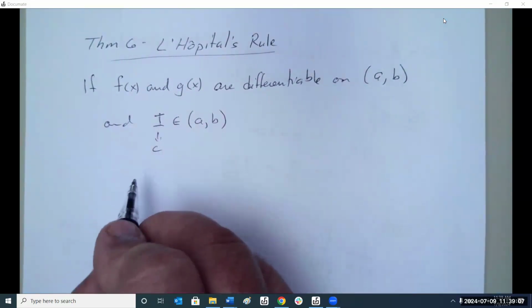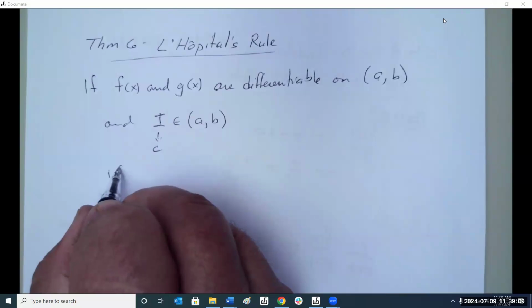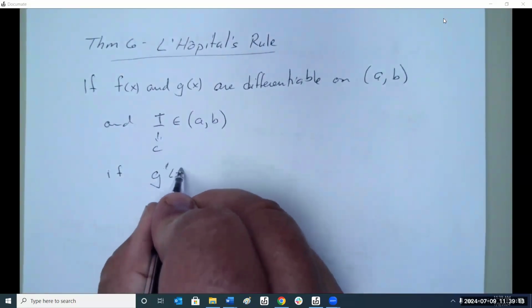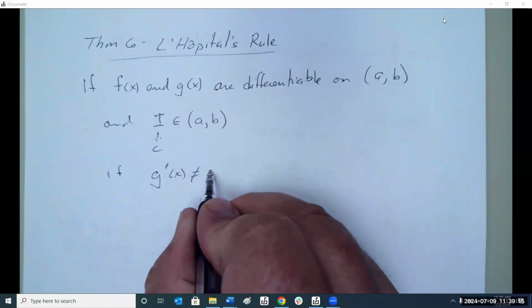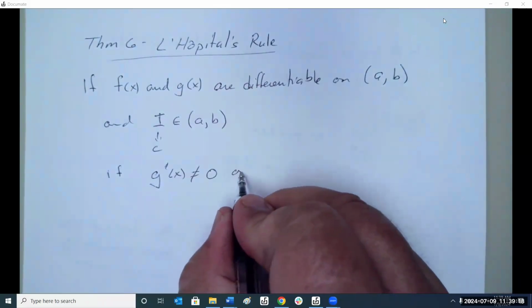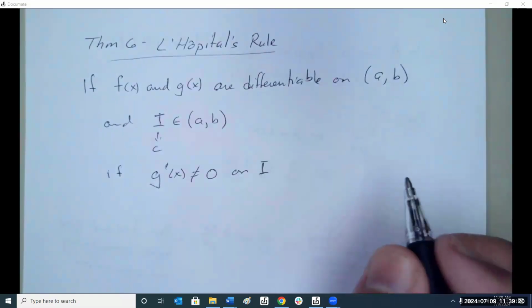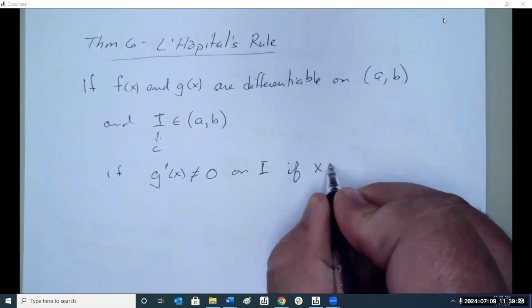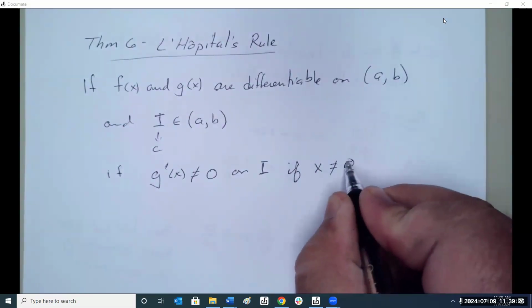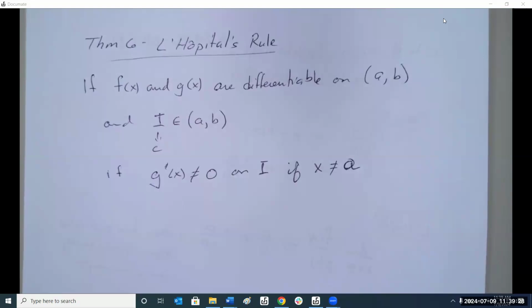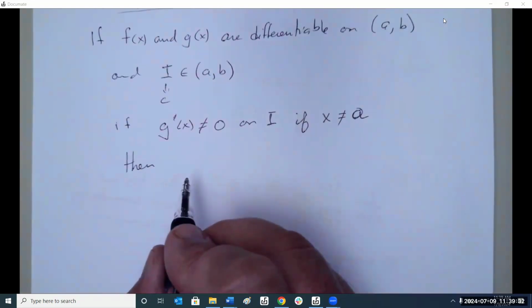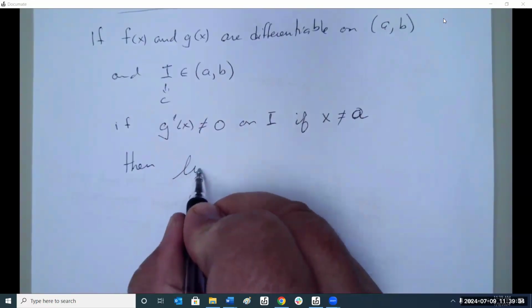So what we're saying here is this. As long as the derivative of g of x does not equal 0 on that interval I, if x doesn't equal that letter a, then we will know this.